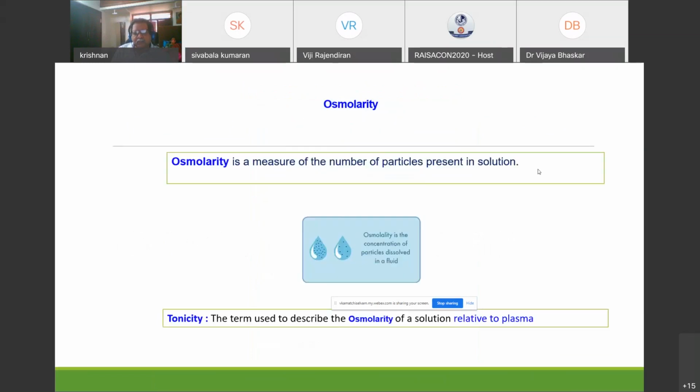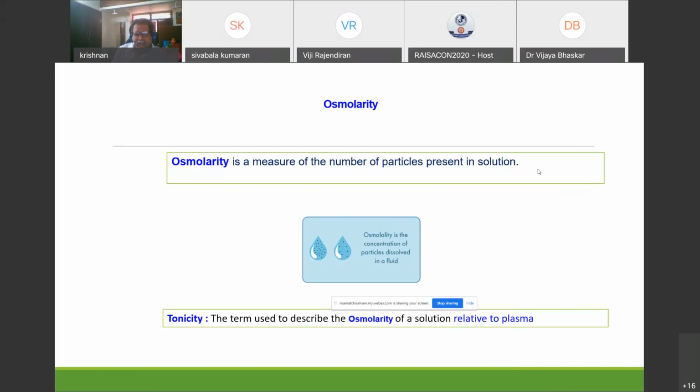First thing that you should know is what is osmolarity or osmolality. It represents the number of particles that are present in a solution. In our blood, we have certain particles which create this osmolality, like your sugar, your sodium, your urea. These are the important things that maintain our osmolarity.